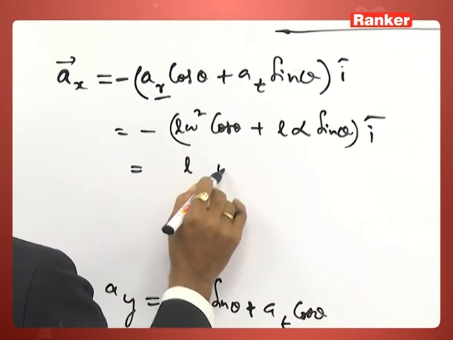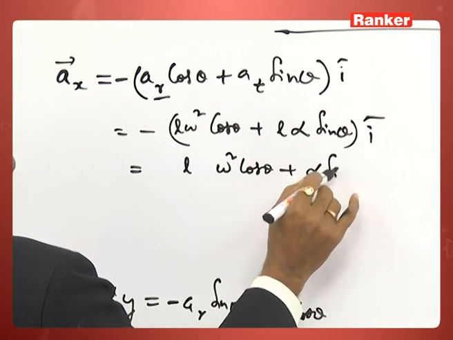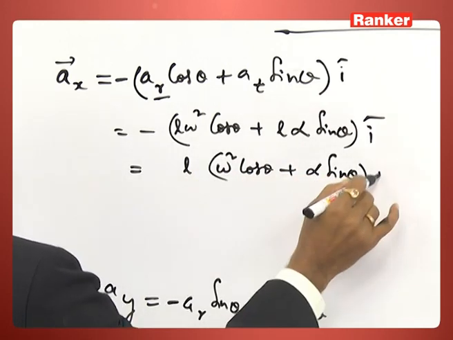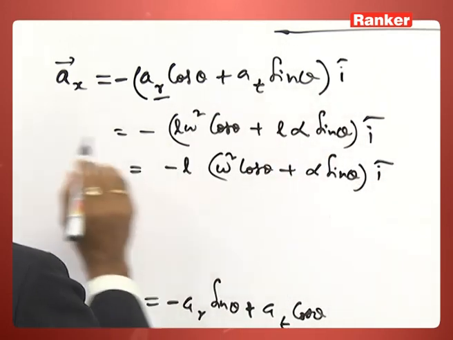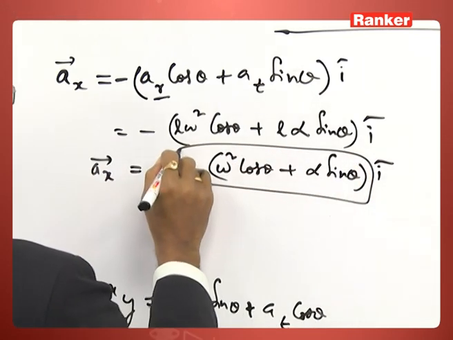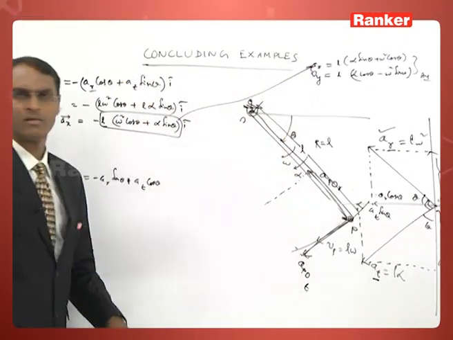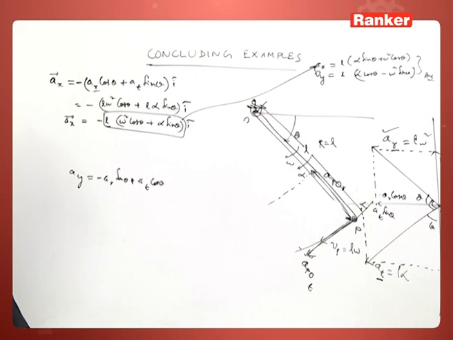So L omega square cos theta plus alpha sin theta. Here this is the magnitude, and we got the same thing. Different approach but same answer.